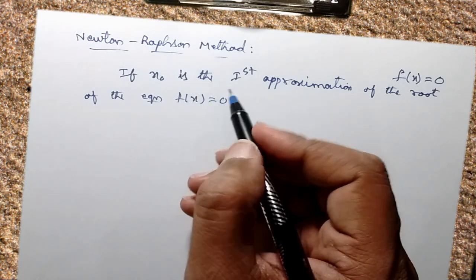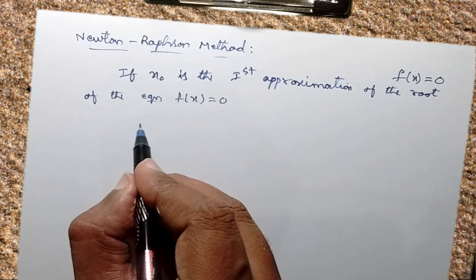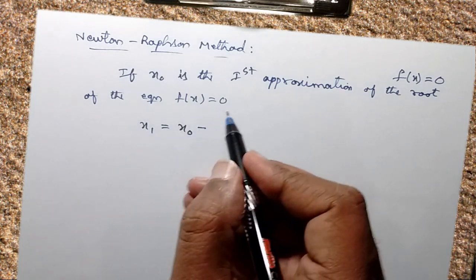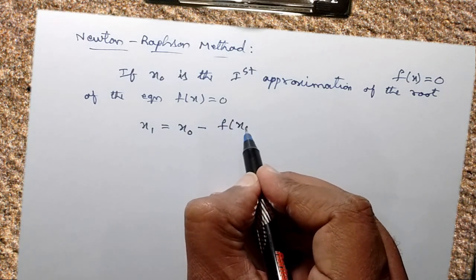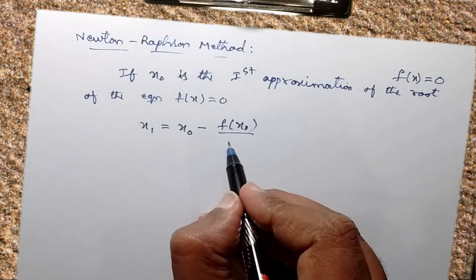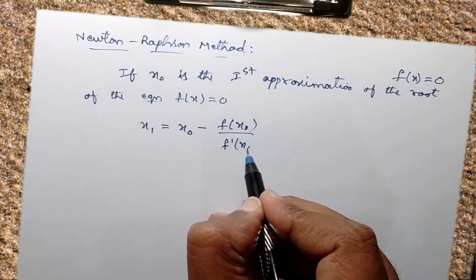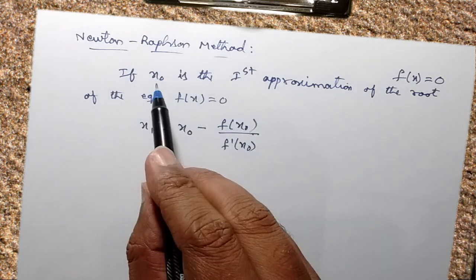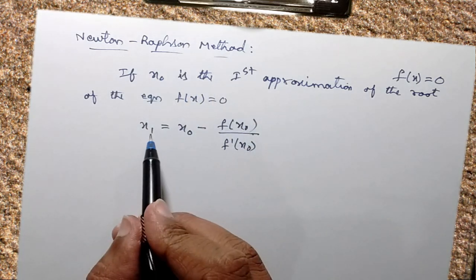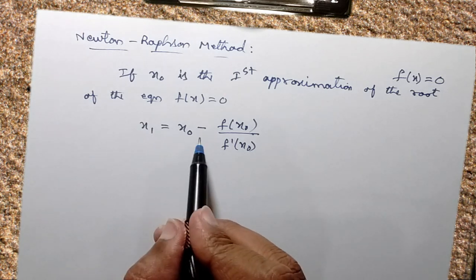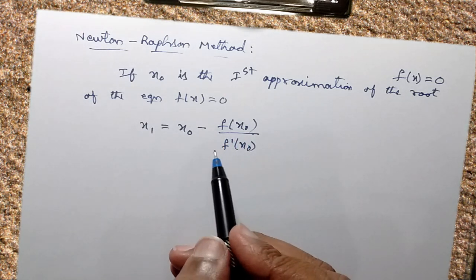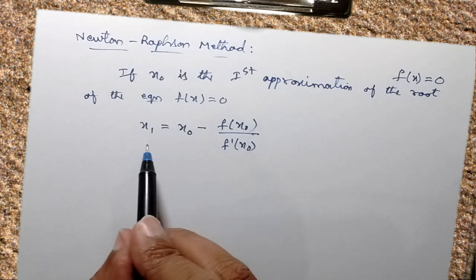Then we can find the other approximations by using the formula x1 equals x0 minus f of x0 divided by f dash of x0. We refine the solution x0 by using this formula, and so we get the second approximation.